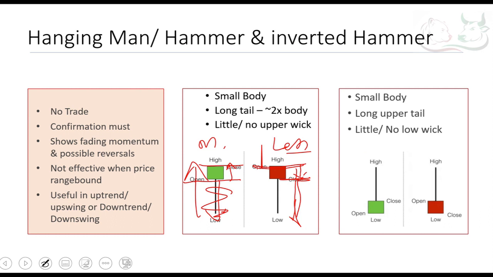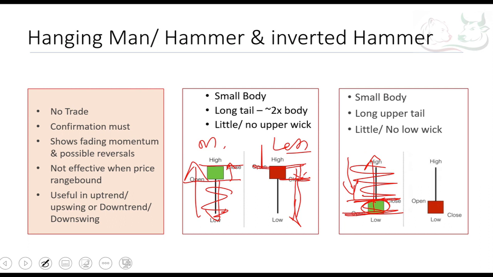And for these two, let's say it opened here, went high, and then closed here. During the day price tried to go up, but then sellers pushed the price down and it closed. However, it could not close below the open price, which is the reason it's a green candle here.